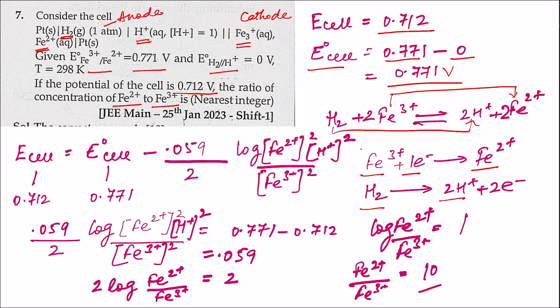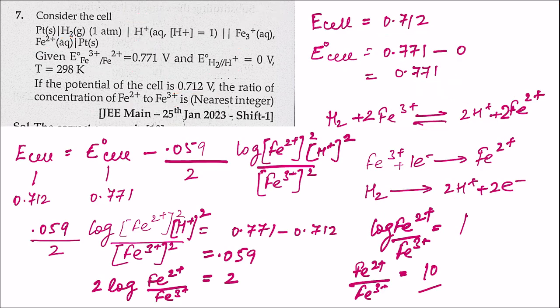Now to make the number of electrons equal, means number of electrons lost equal to number of electrons gained, just multiply this equation, that is reaction at the cathode, by 2. So the final redox equation is hydrogen plus 2 Fe3 plus forming 2H plus 2 Fe2 plus.